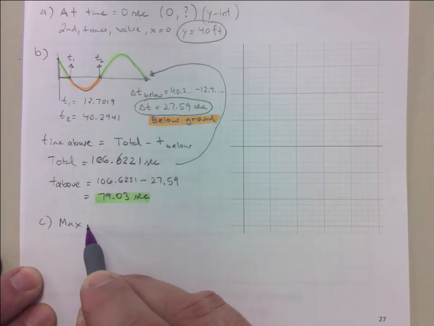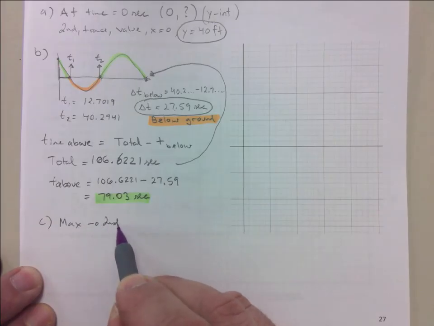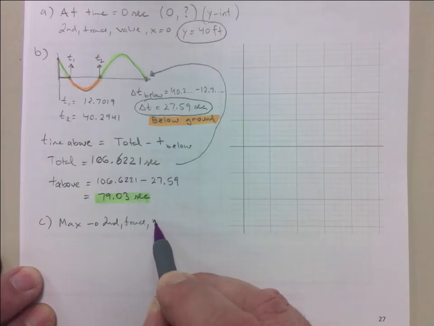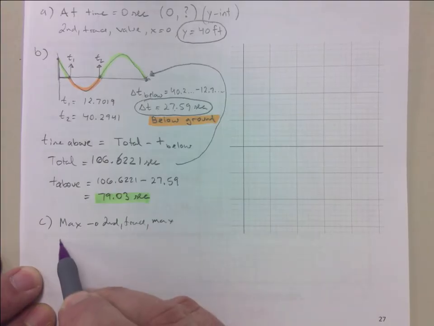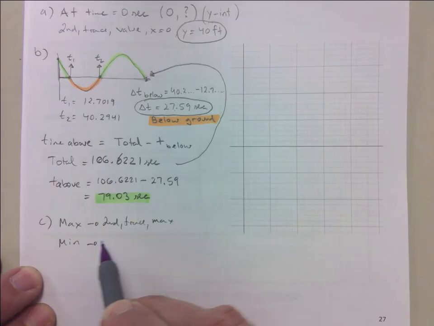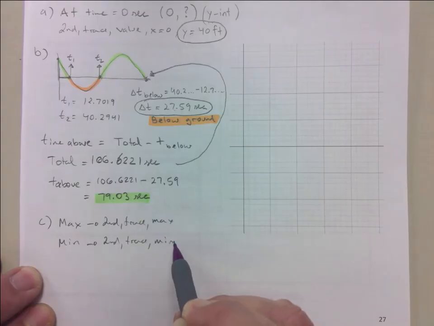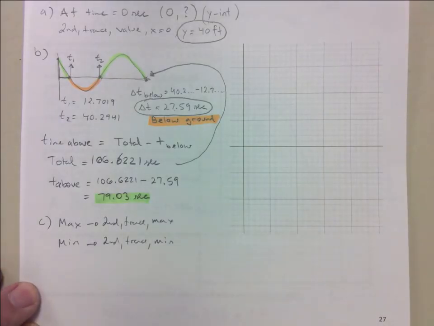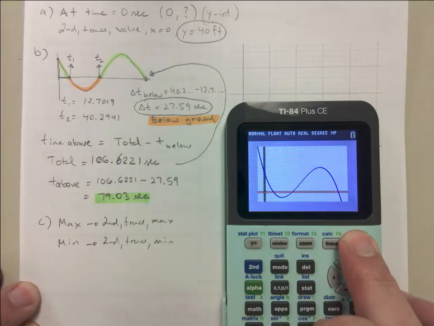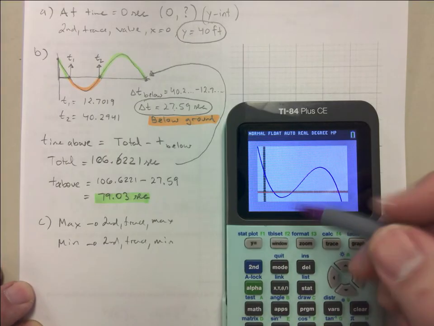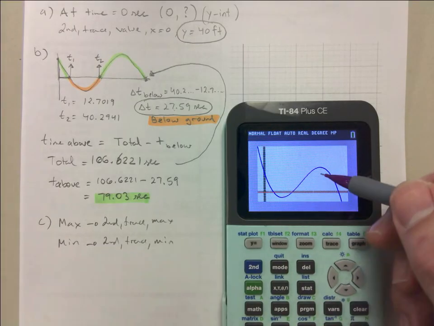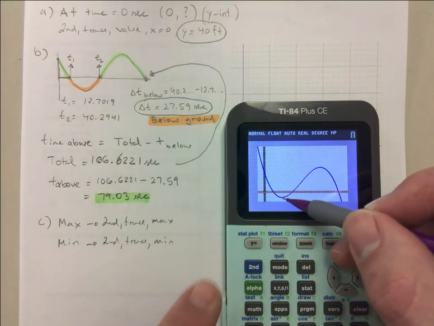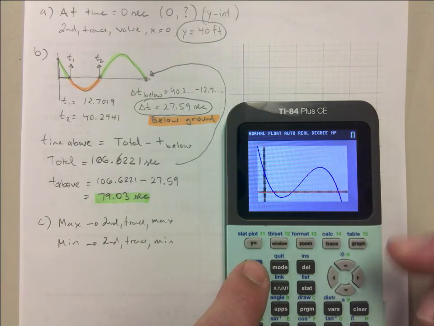The max, guess what? We're going to go second trace max. And the min, it's going to be second trace min for us to get that. Whichever one you want to do first, I'm going to figure out the minimum here.